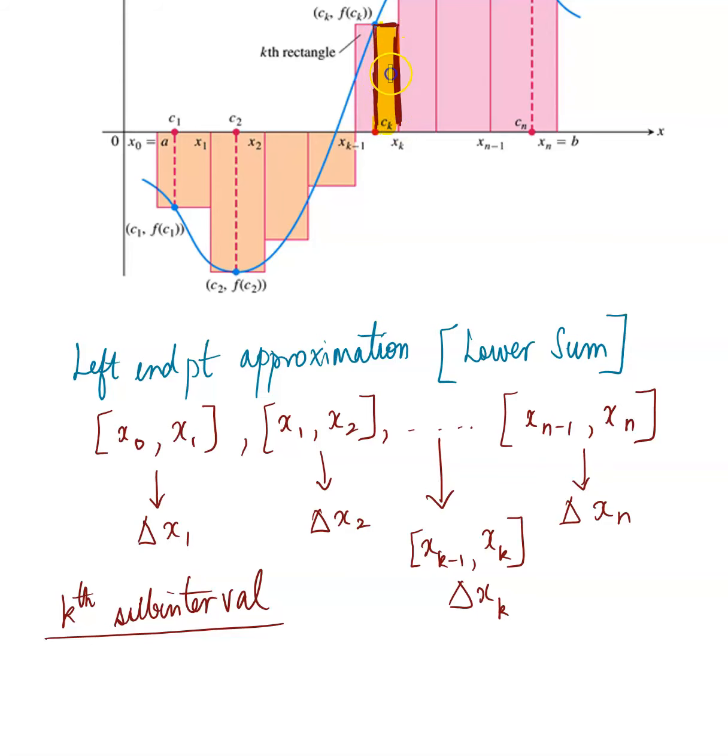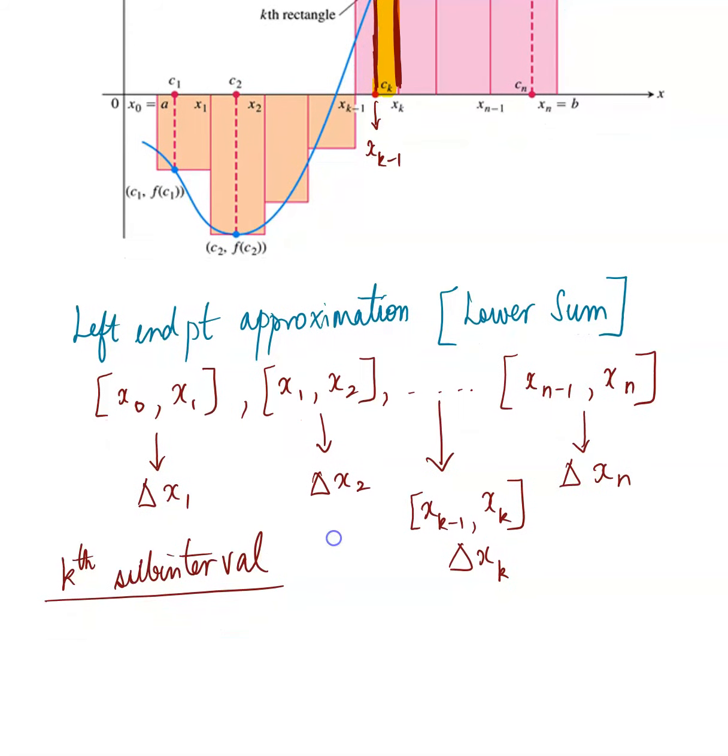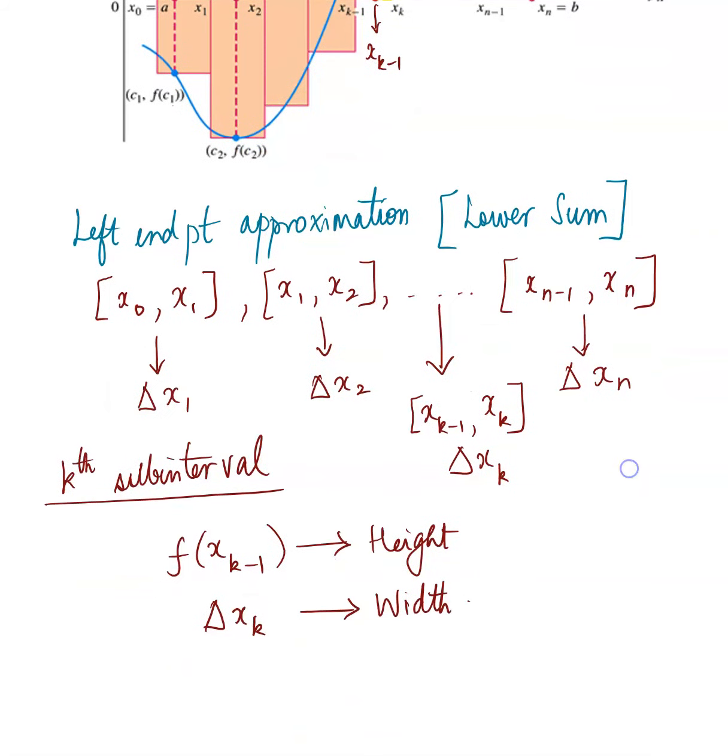Assume the rectangle looked like this, not the pink one. Then we have the left endpoint, which would have been xk minus 1, not there, but it would have been here. For xk minus 1, its corresponding point would be f of xk minus 1. This would be the height, and delta xk would be the width of the rectangle.